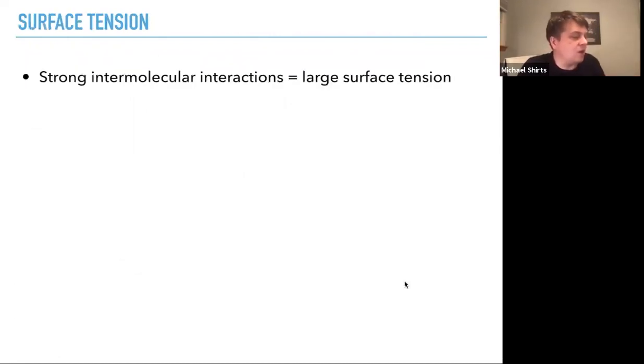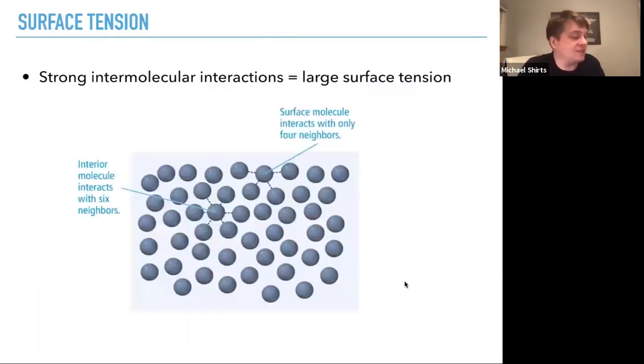So surface tension, let me just explain why surface tension relates to stronger intermolecular interactions. Strong intermolecular interactions mean large surface tension. Why is that? Well, if you imagine molecules at a surface, the surface molecule only interacts with a few neighbors, whereas a molecule in the interior, in the bulk, gets to interact with a lot of neighbors. So if it wants to be with its neighbors, then the surface molecule really doesn't want to be there.